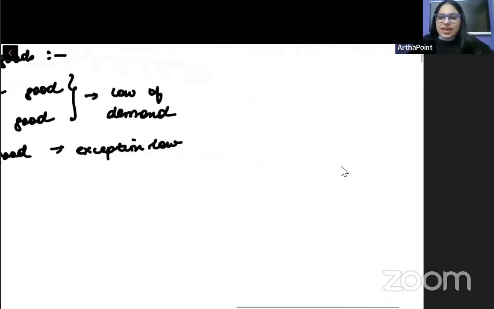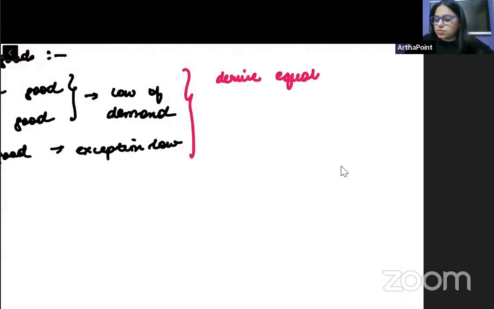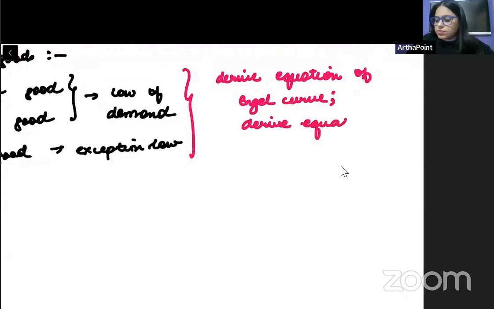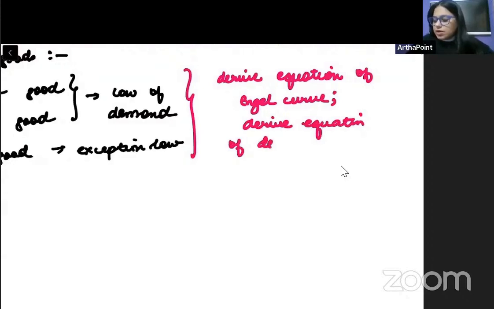So what can come in exam, mathematically bhi aa sakta hai. They may ask you, derive the equation of Engel curve, or derive the equation of your demand curve.